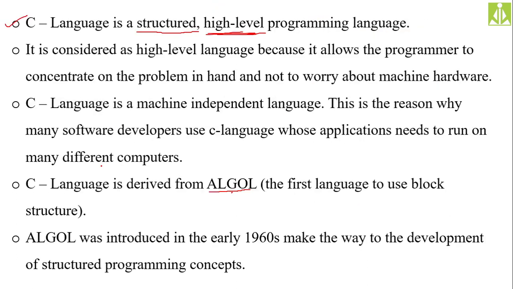Once again, let us quickly overview the developments so far. C is a high level language, a structured language, and a machine independent language, and it was derived from ALGOL.